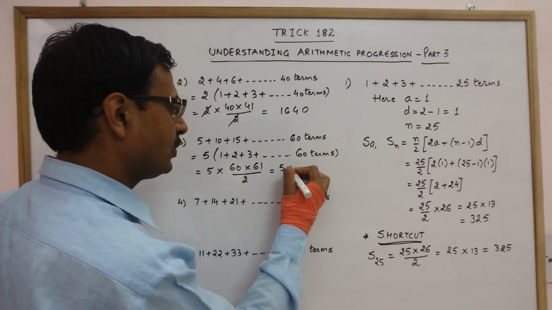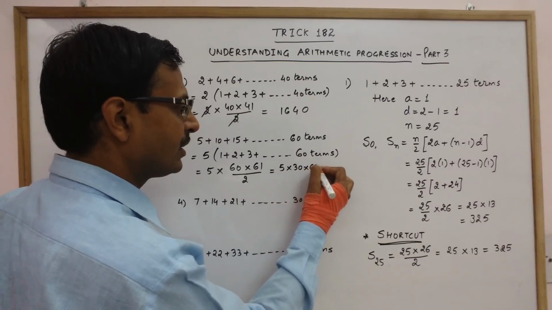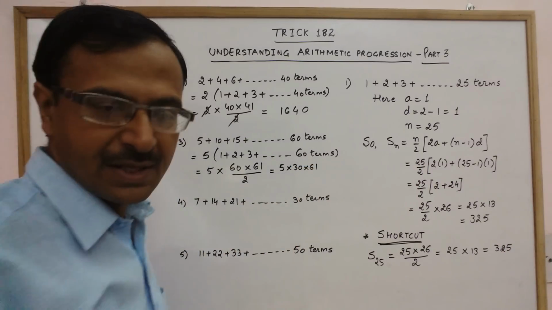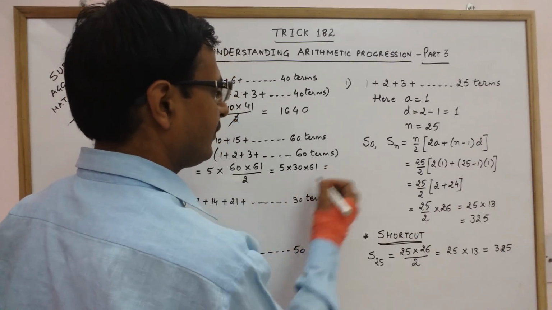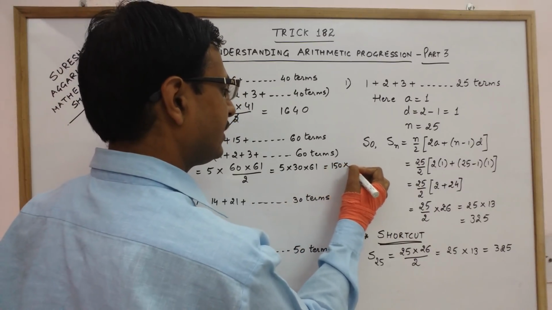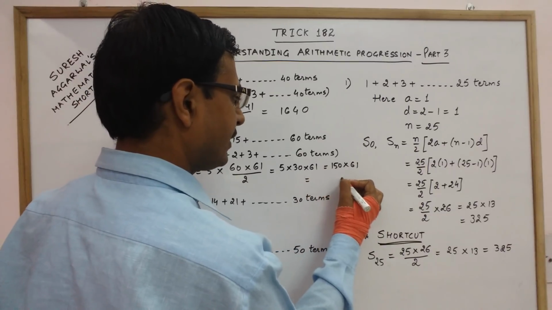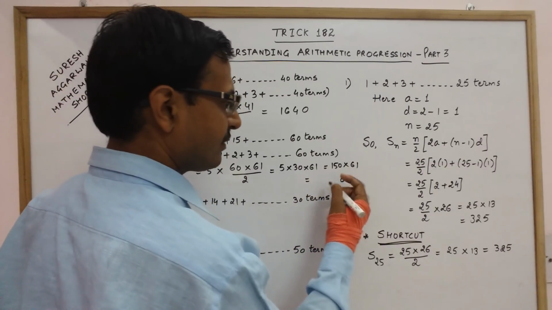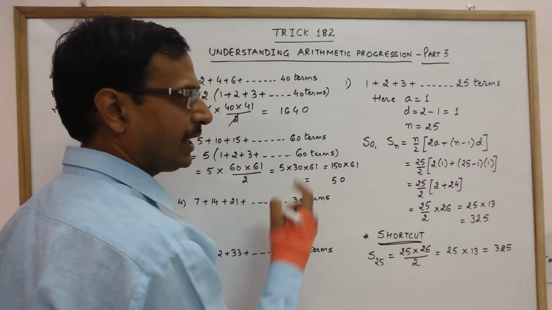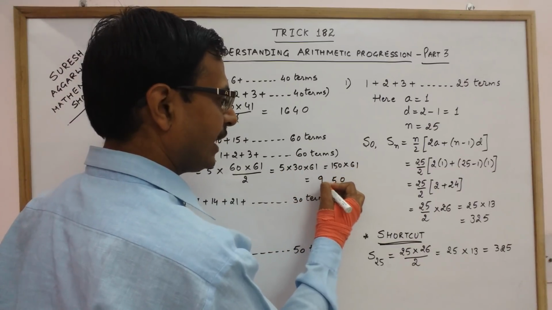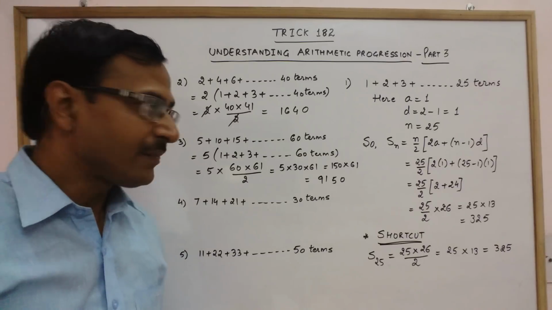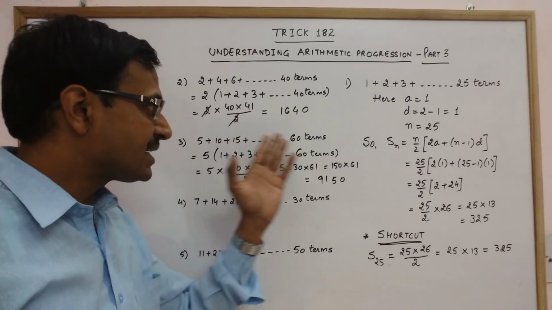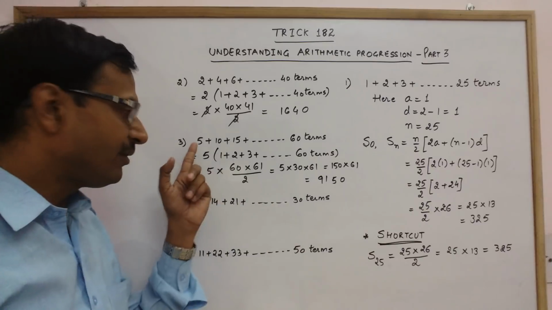So 5 into 30 into 61. Now you can very easily multiply this and get the required result. So here in this case it will be 150 into 61. So 0 will be there. So 15 1s are 15, 5, 1 carry, 15 6s are 90 and 1 makes 91. So 9150 is the sum of first 60 multiples of 5.